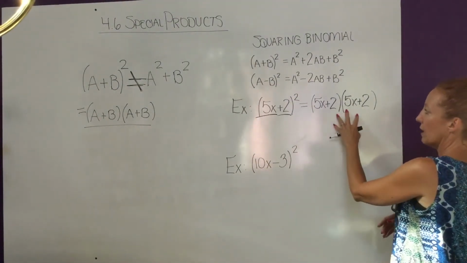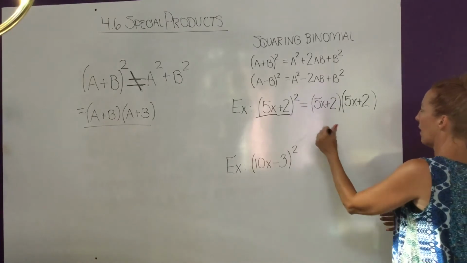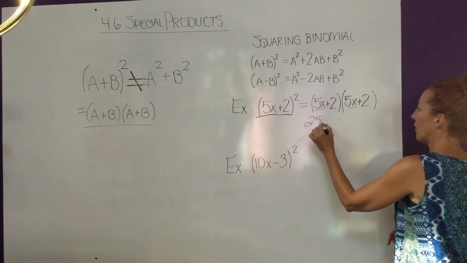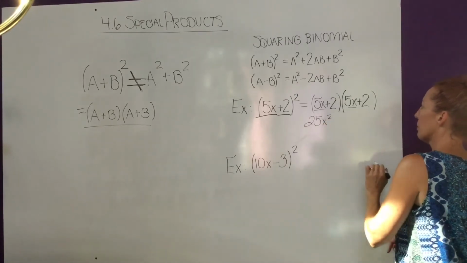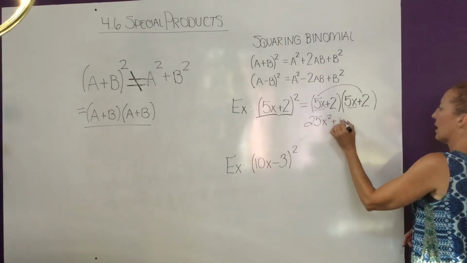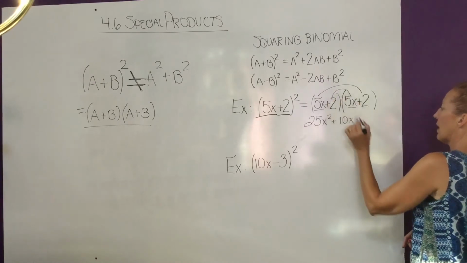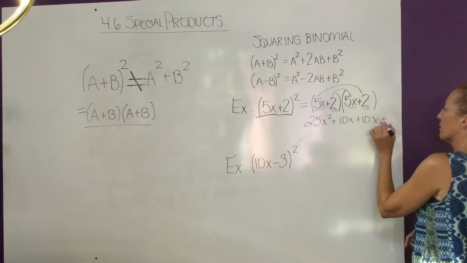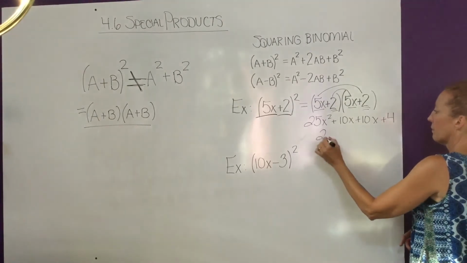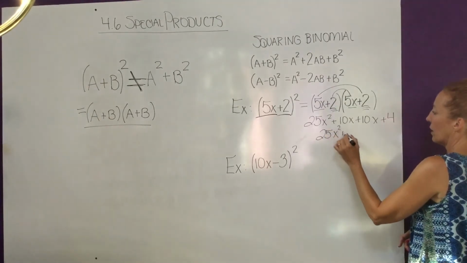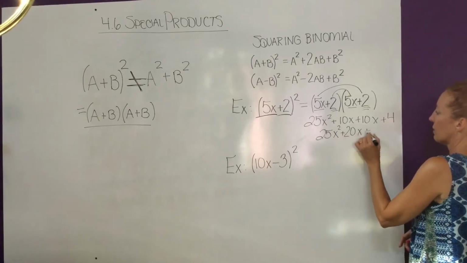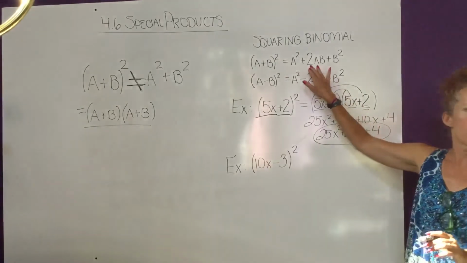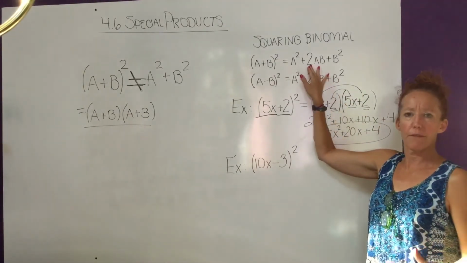Okay, so now that we know that, it's just FOIL. 5x times 5x is 25x squared. The outside piece is 10x. The inside piece is 10x. And the last piece is a plus 4. So 25x squared plus 20x plus 4, and we're done. So what is this 2AB reference?